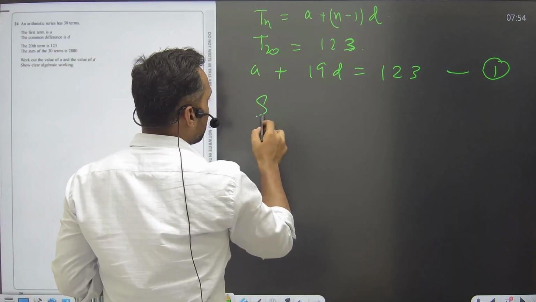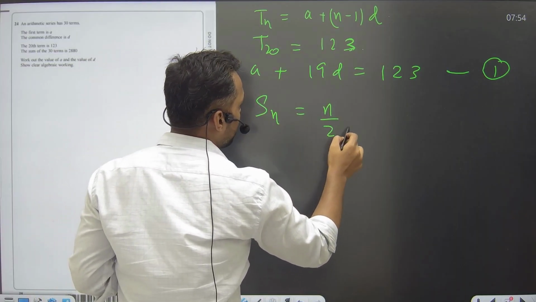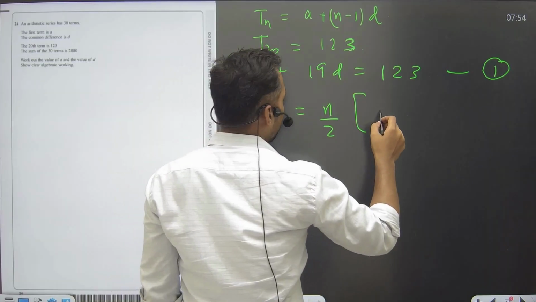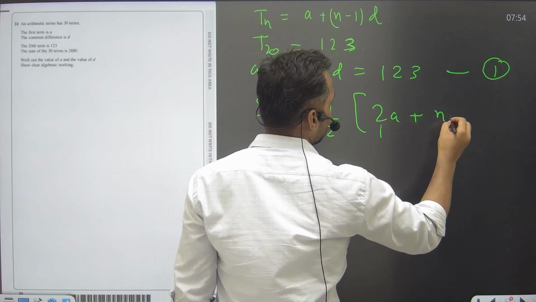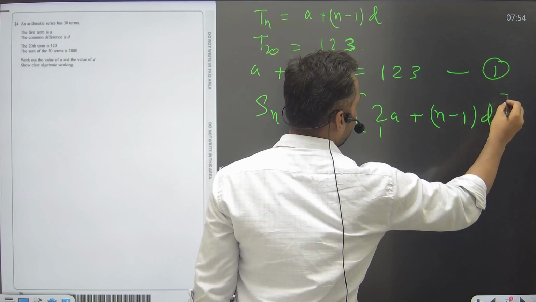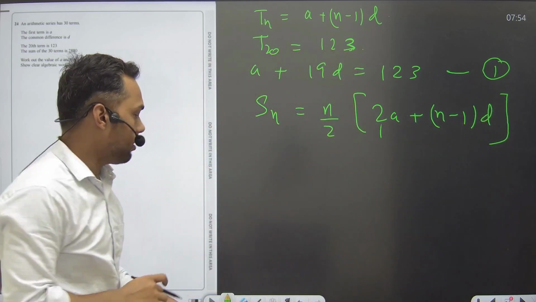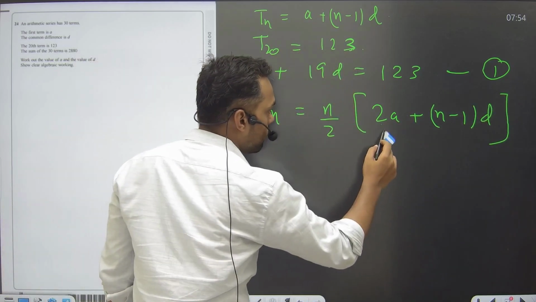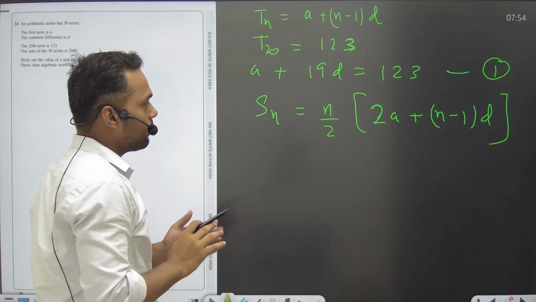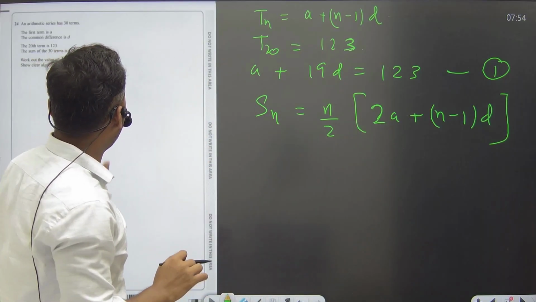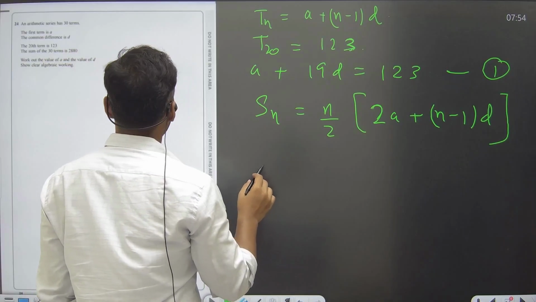We know that the sum of n terms is given by n by 2 into 2a plus n minus 1 d. This is the formula, student. It will be mentioned on the introductory pages as well. If you want to see the formula, you can go to that particular page. Now the sum of the 30 terms is 2880.